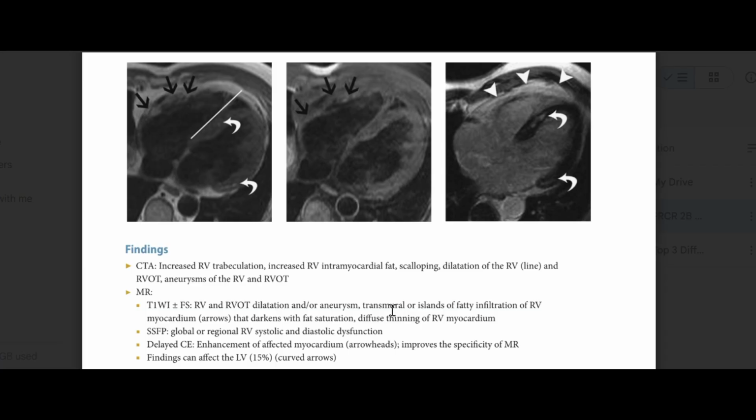Transmural or islands of fatty infiltration of the right ventricle that darkens with fat saturation, with diffuse thinning of the right ventricular myocardium, with transmural infiltration of the right ventricle with fat.